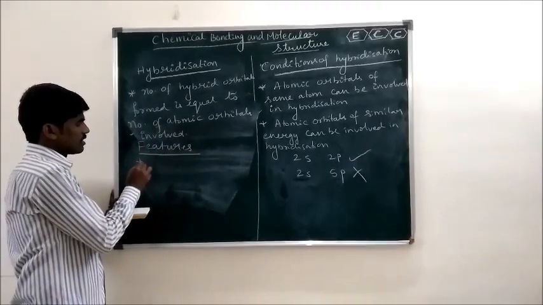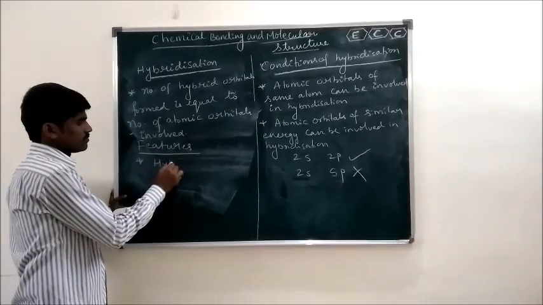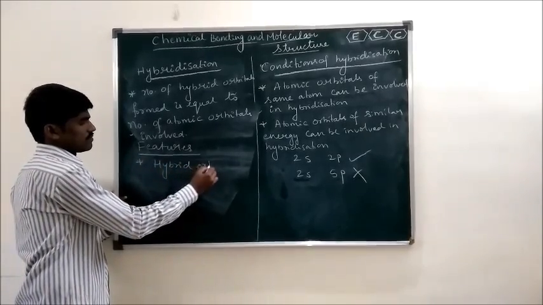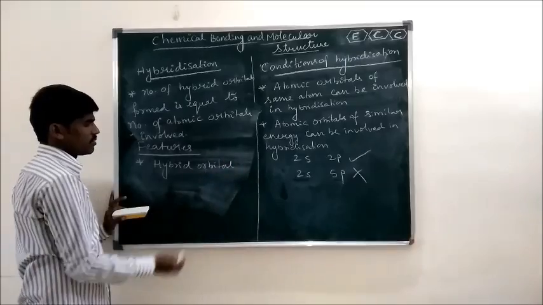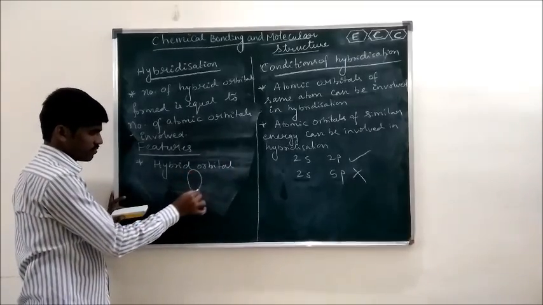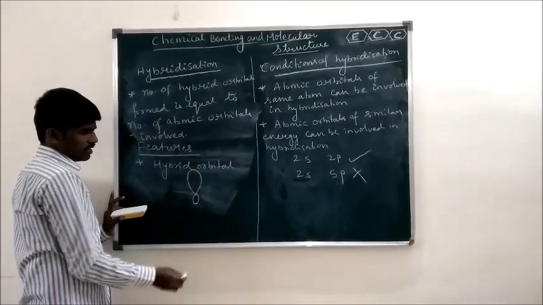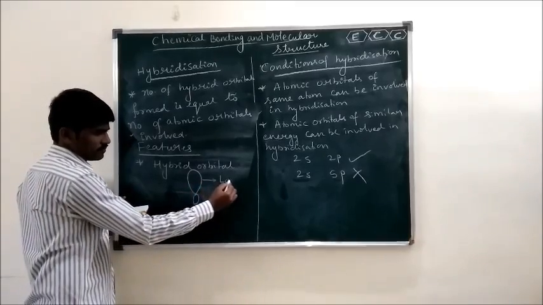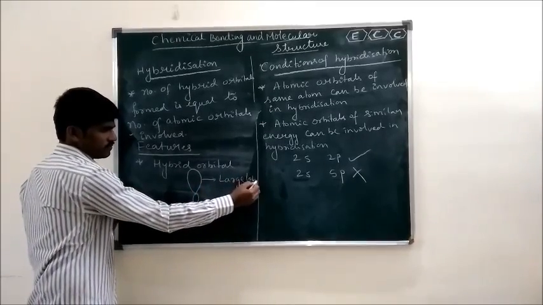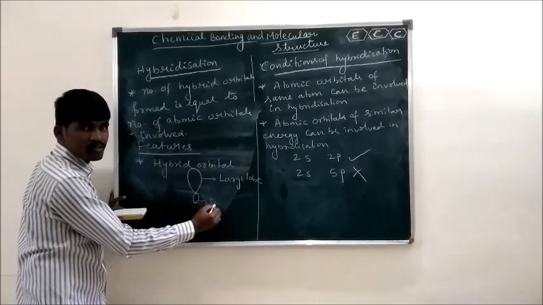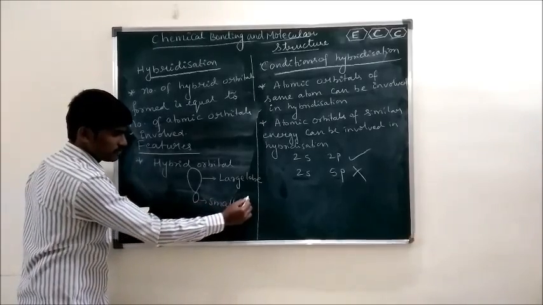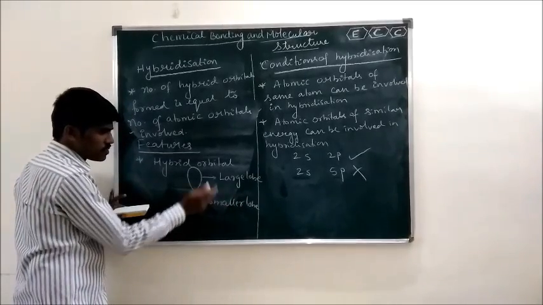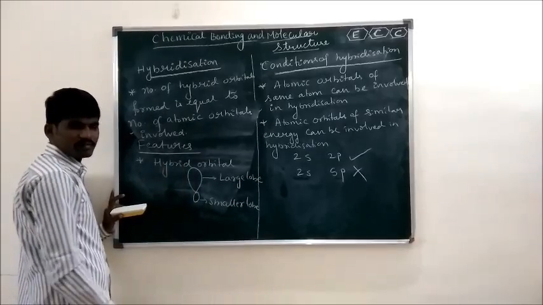If you see the hybrid orbital, this is its structure. It consists of a larger lobe and a smaller lobe. These are the 2 lobes possessed by a hybrid orbital.